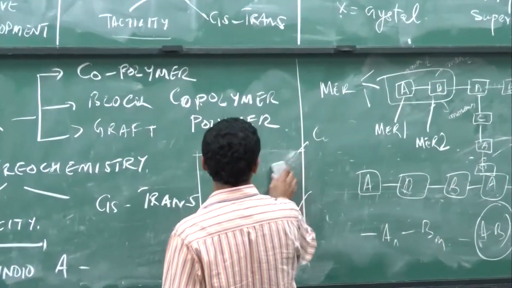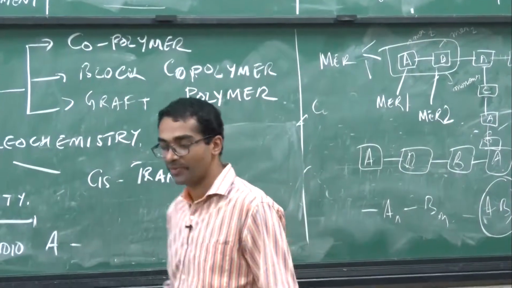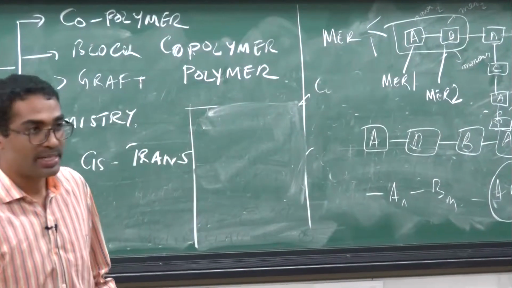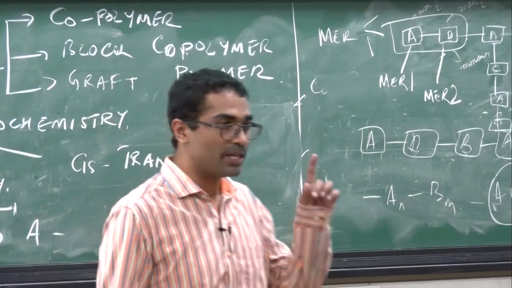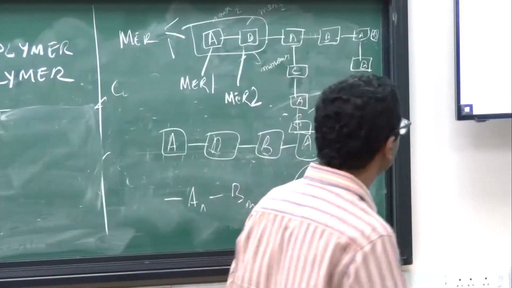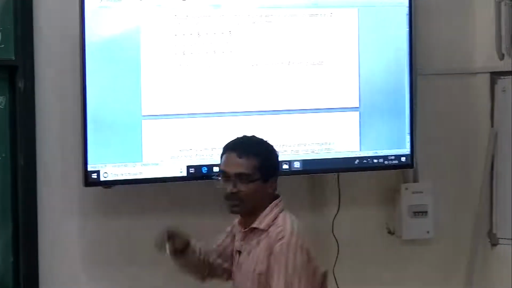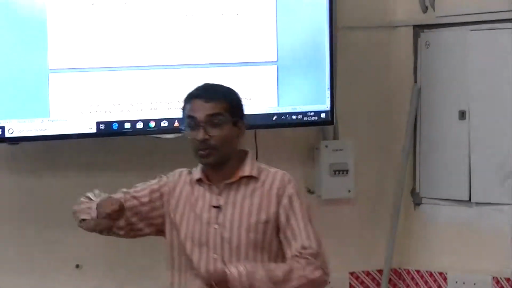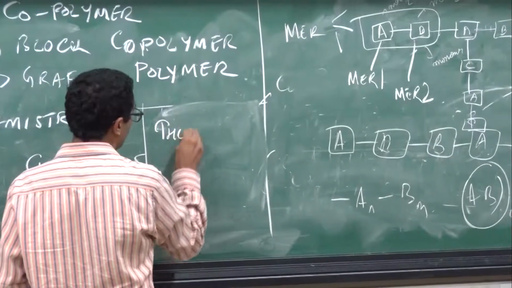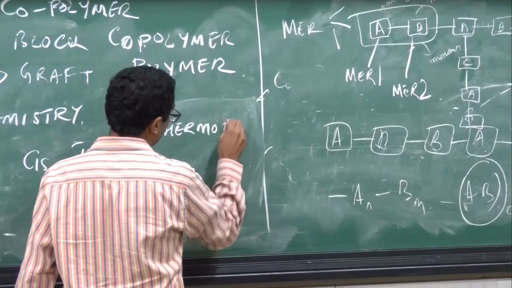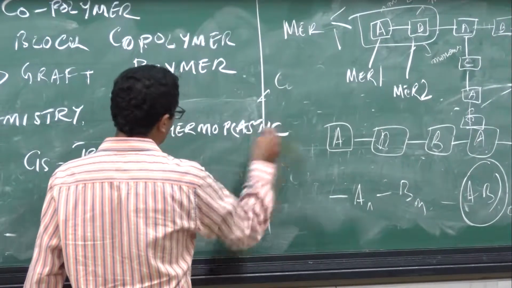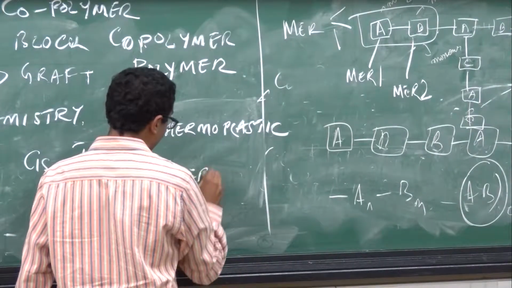So, which of these two possibilities are there? So, read the definition of thermoplastic and thermosetting, and now based on the definition, think about what would happen if R was very flexible as opposed to rigid. Would it be thermoplastic or thermosetting?